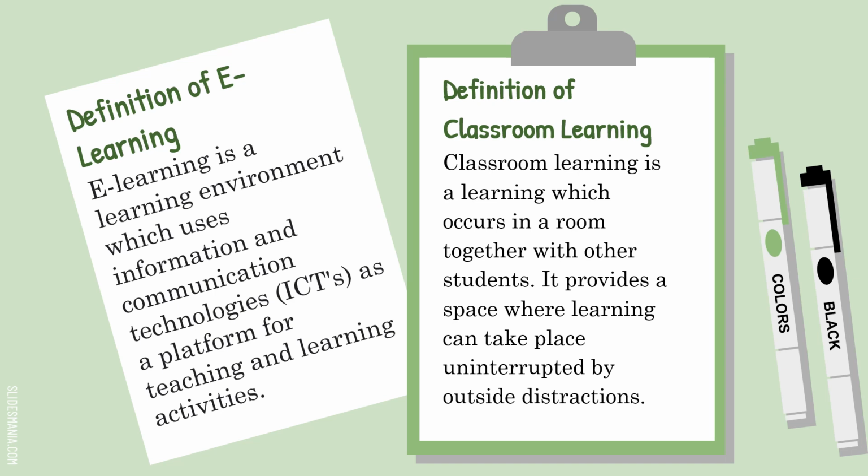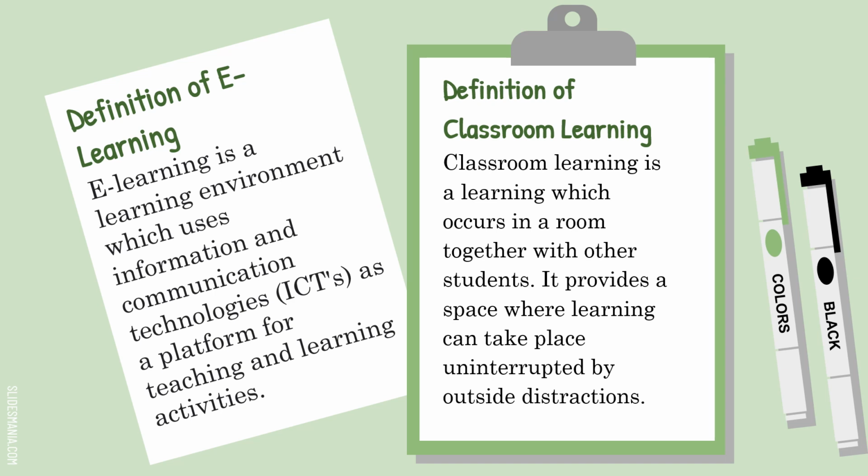E-learning is a learning environment which uses information and communication technologies, or ICTs, as a platform for teaching and learning activities. Meanwhile, classroom learning is a learning which occurs in a room together with other students.